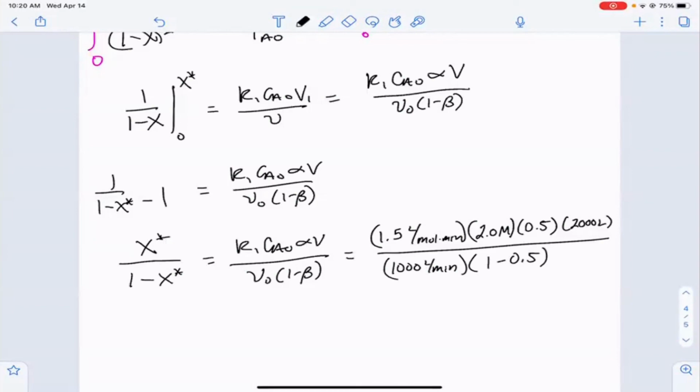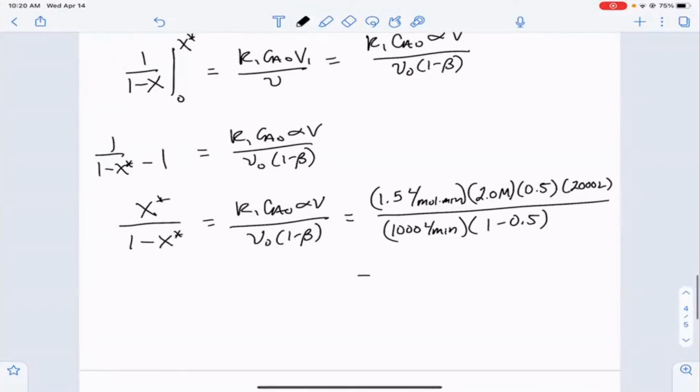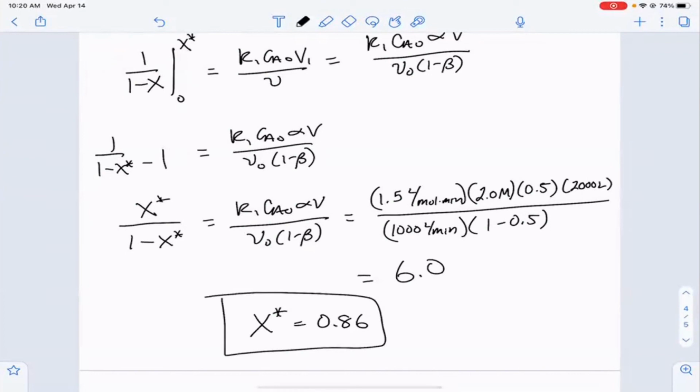Okay. And so this whole thing on the right-hand side just equals 6.0. And from here, you get that X star equals 0.86. Okay. So we have 86% conversion coming out of the active part of the reactor.